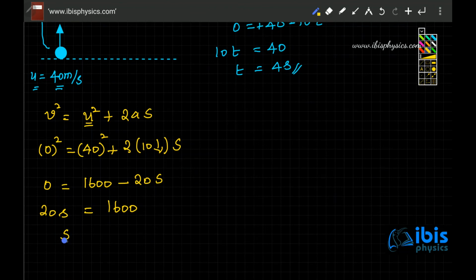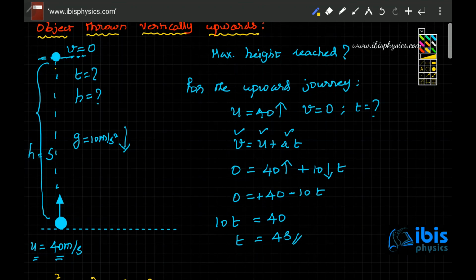Then s, the displacement, is 1600 by 20. When you calculate, it is 80 meters. So the upward displacement is 80 meters, which is nothing but the maximum height reached by the object. If you throw an object with a speed of 40 meter per second, it will reach a maximum height of 80 meters in 4 seconds.